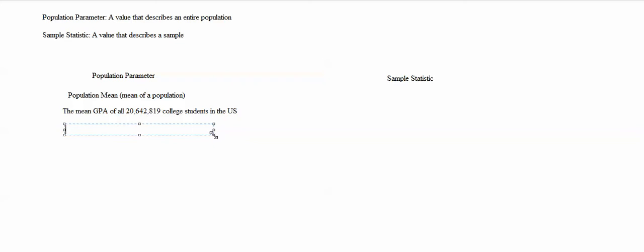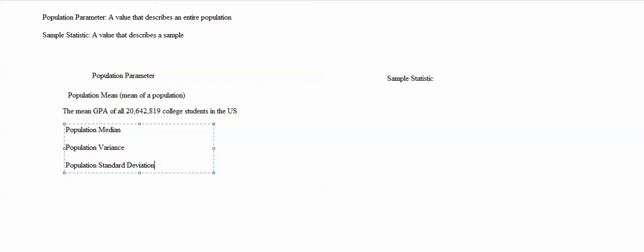Another example is a population median, which would also be a population parameter. A population variance, meaning a variance that's calculated with an entire population. A population standard deviation.